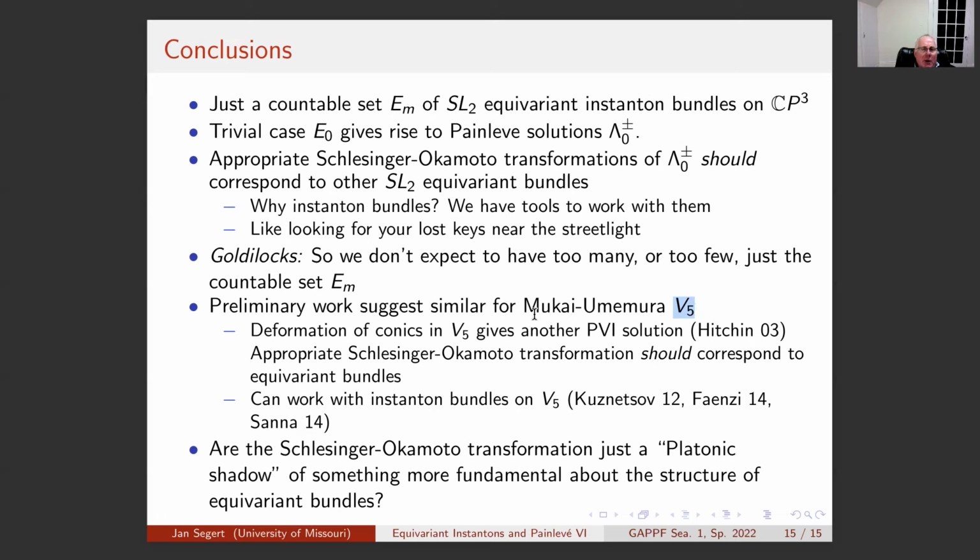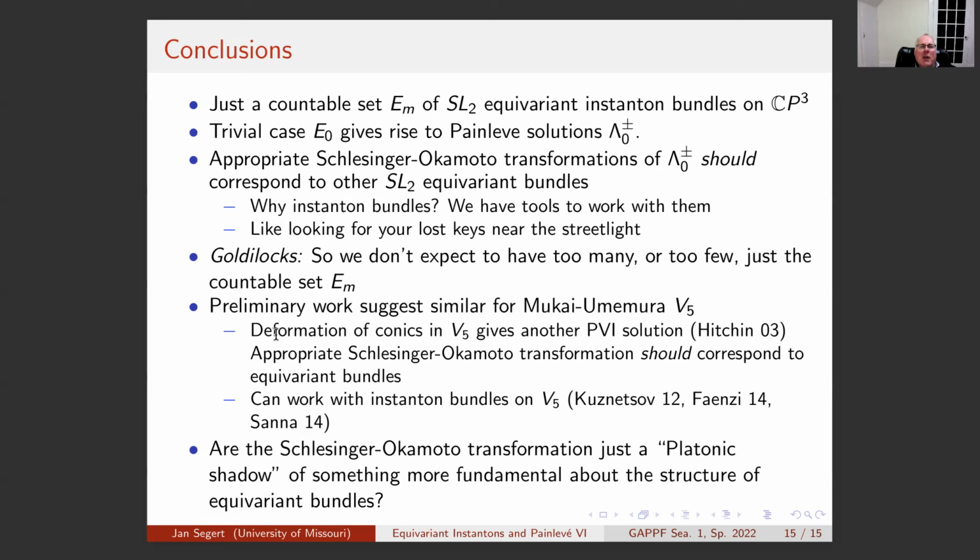So here's the interesting thing about that. You can construct instanton bundles on there. That's work of Kuznetsov, Faenzi, and Sanna in combination. They showed how to do these on various manifolds. And I've been looking at the equivariant ones. I mentioned this briefly in the other set of slides. So why would you expect a similar phenomenon to happen?